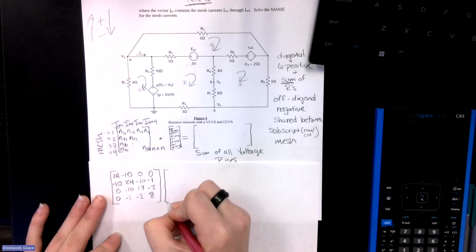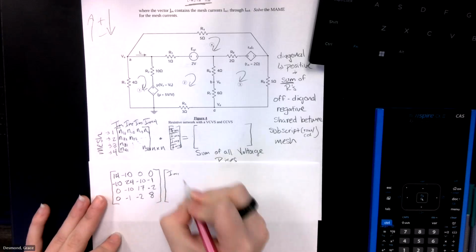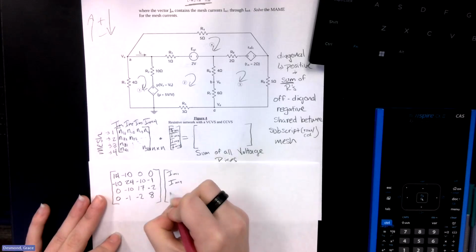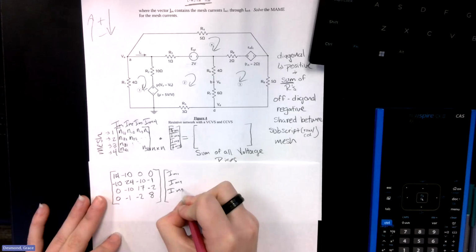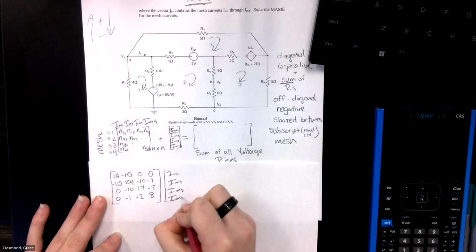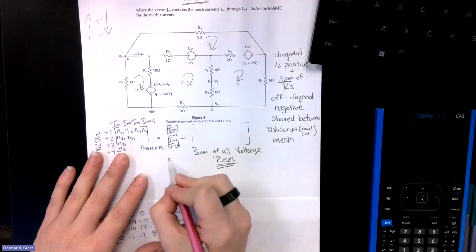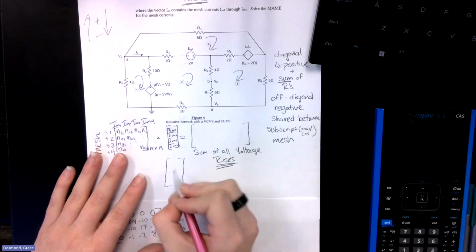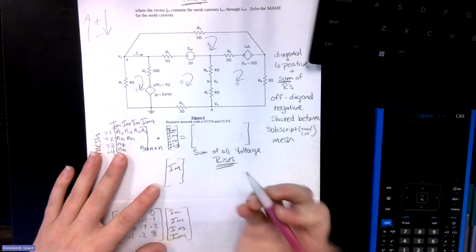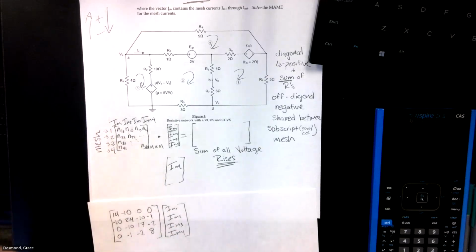And then this is IM1, 2, 3. And then eventually, if you feel comfortable doing this, you can just write IM until the end for time's sake.